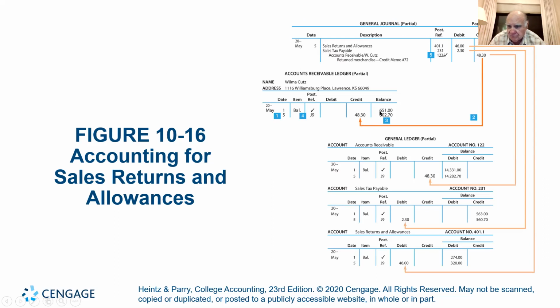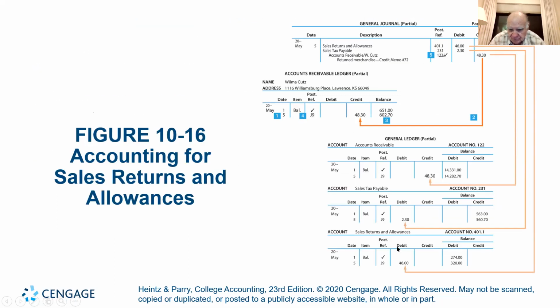So she owed us $651, and now she's returned $48.30, which brings her debt to us down. We've wiped out the entire accounts receivable, and now we get a chance to reduce the sales tax payable. Because when we charged her for the sales tax on $563, she doesn't have to pay the sales tax anymore on what she returned.